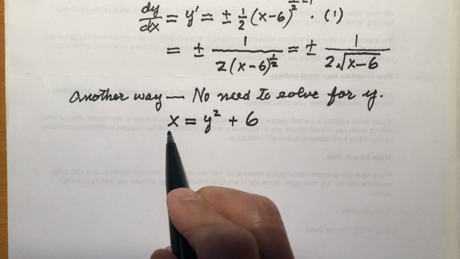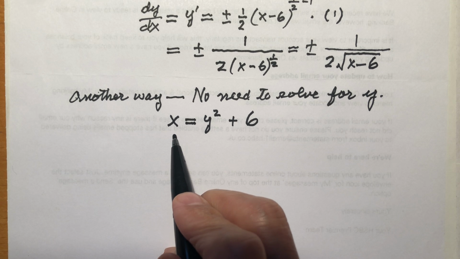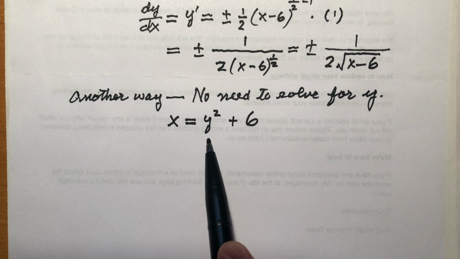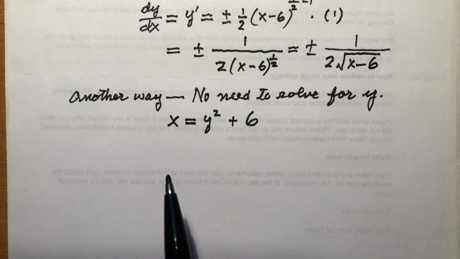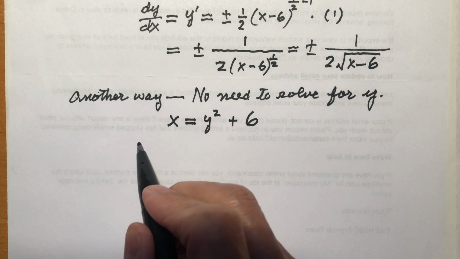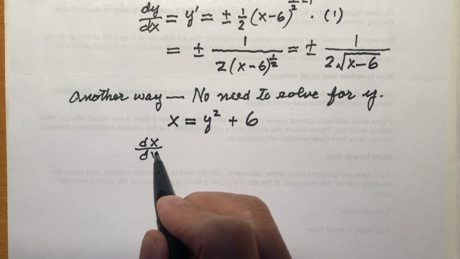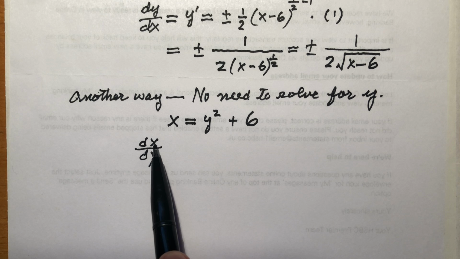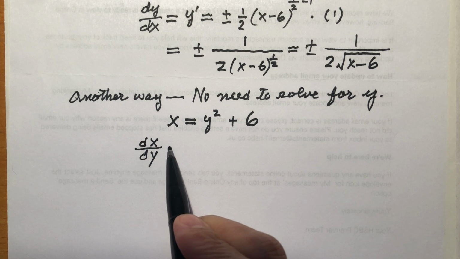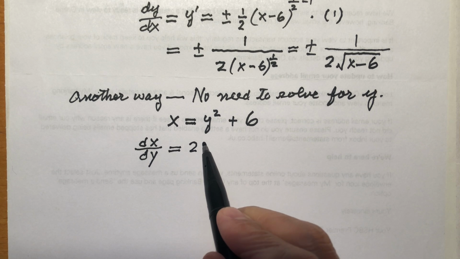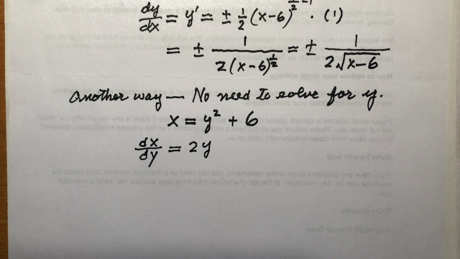Let's consider the variable x is on the left-hand side, and the variable y is on the right-hand side. So what we can do is to find the derivative of dx by dy. X is the left-hand side variable, y is the right-hand side variable. Let's do that. Then the result is very, very simple. 2y, right?